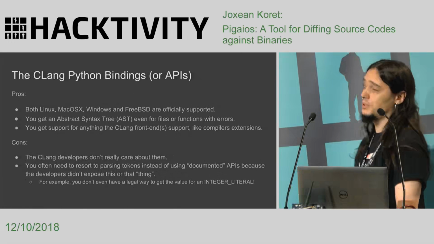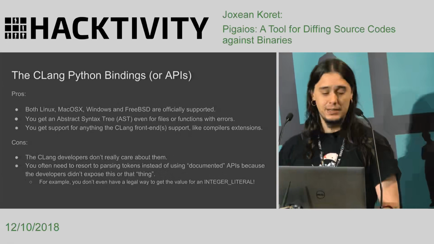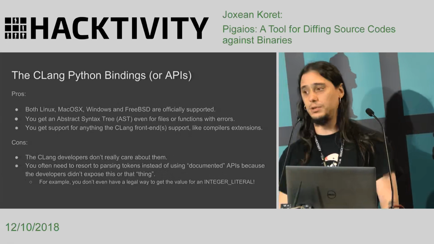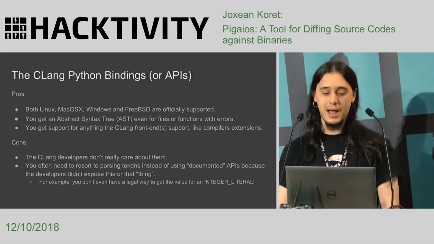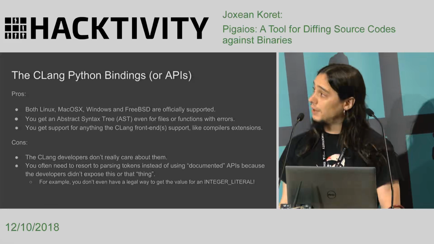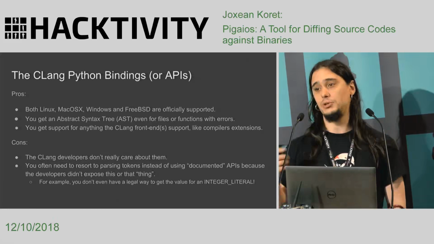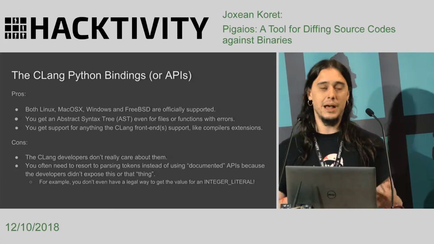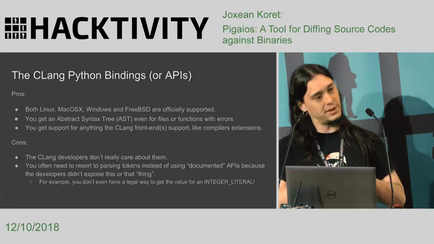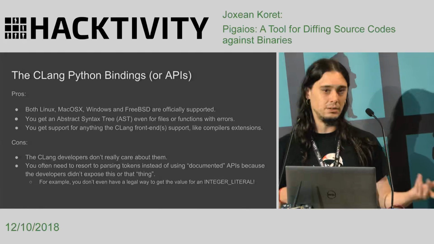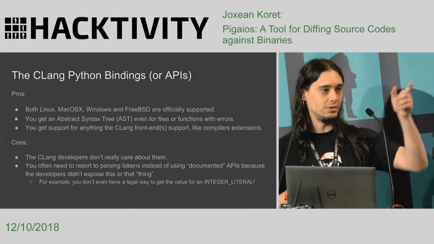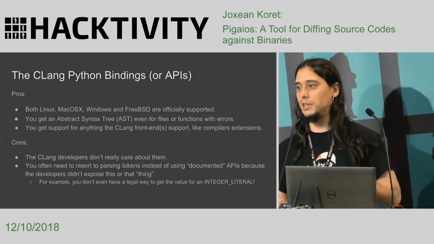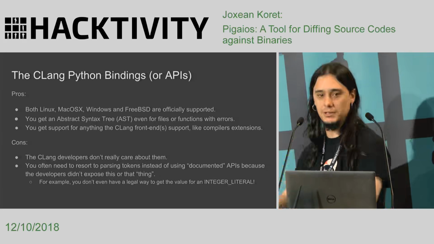So the good things of using the Clang Python bindings is that you have support for Linux, Windows, Mac, and FreeBSD. You get an abstract syntax tree, an AST, for each function, regardless of it having errors or not. Even if the function is wrong, or you lack some structure or some enum definition, it will still give you an AST.